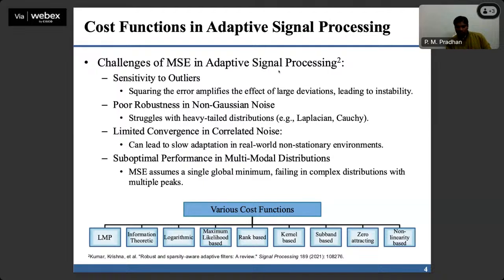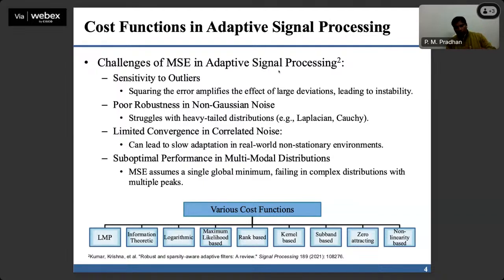Many cost functions are listed below: LMP, information theoretic cost functions, logarithmic cost functions, rank-based cost functions, zero attracting cost functions. There are survey articles, and one of the articles is listed below.